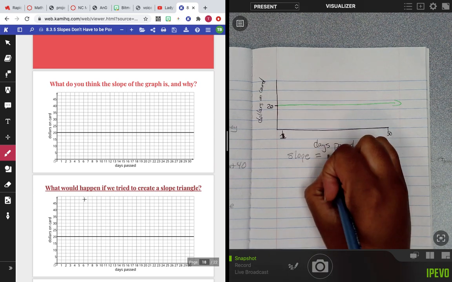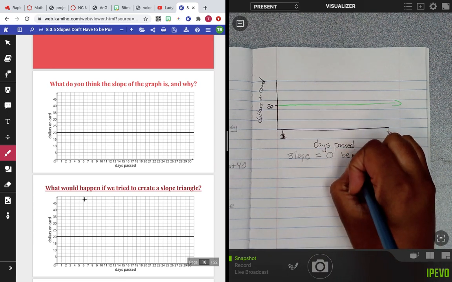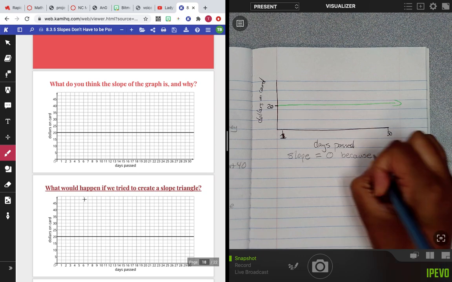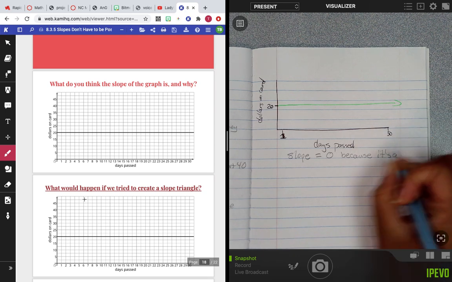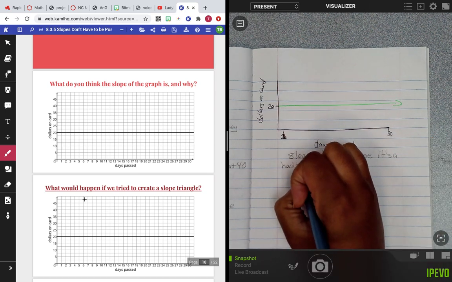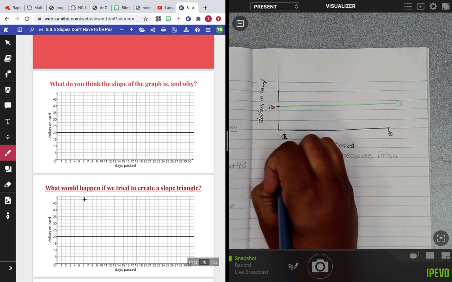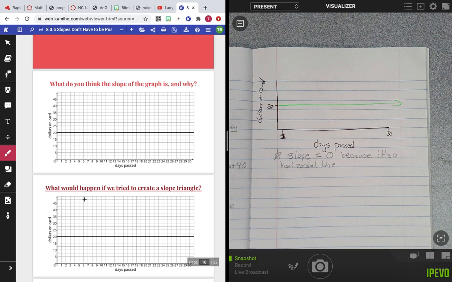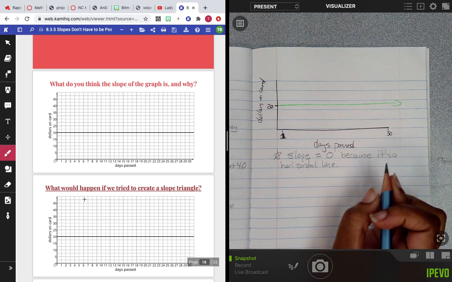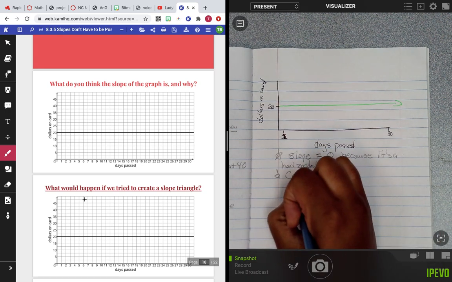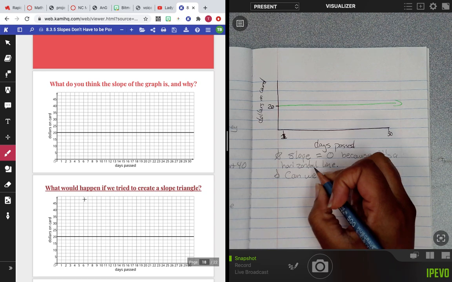So the slope equals 0 because it's a horizontal line. So what would happen if we try to create a slope triangle on it? Well, let's see. That's a good question. Can we create a slope triangle?